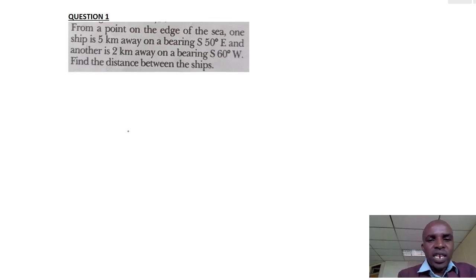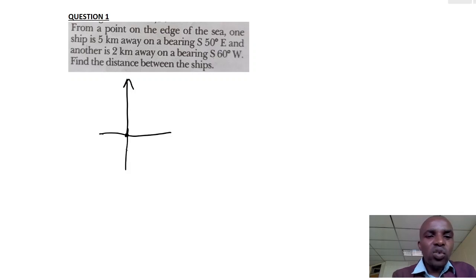Right, so the first thing is the from point. This one is my from point, the edge of the sea. Then from this point, let me draw my item. From a point on the edge of the sea, one ship is 5 kilometers away on a bearing of south to east. South to east is this one, going to the east.